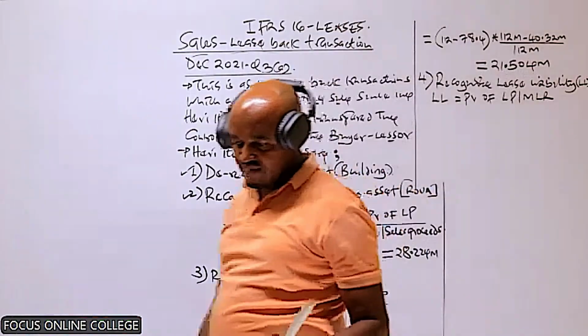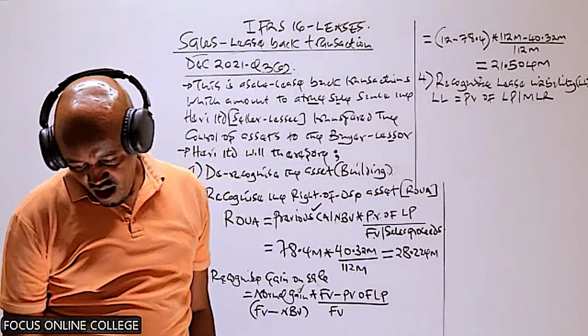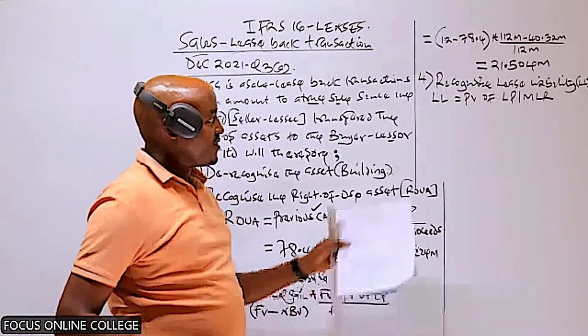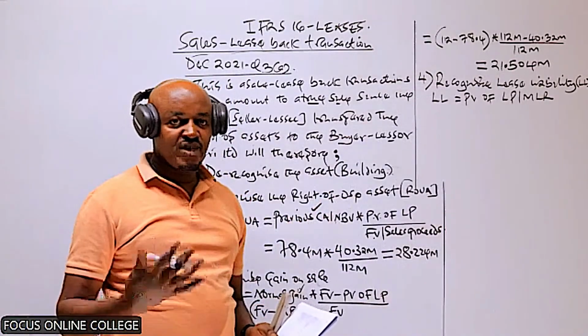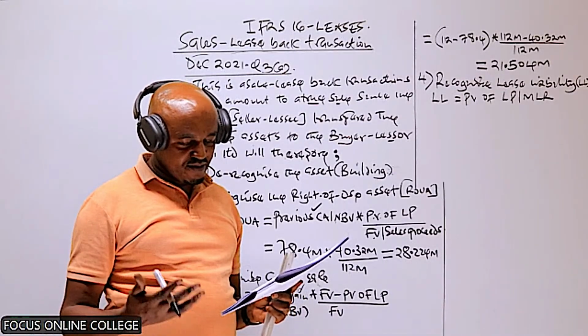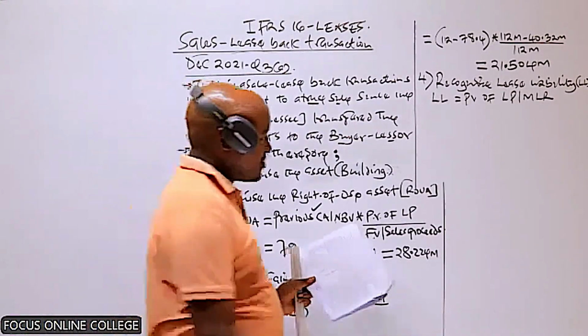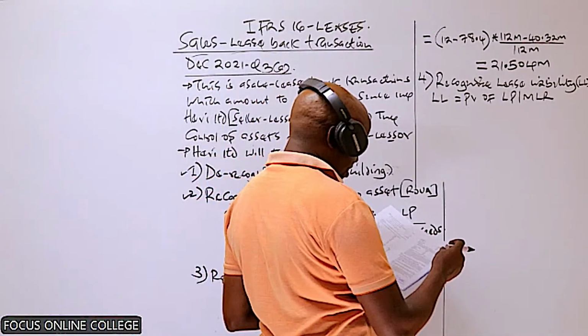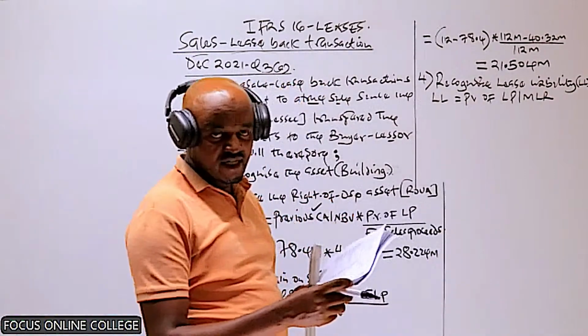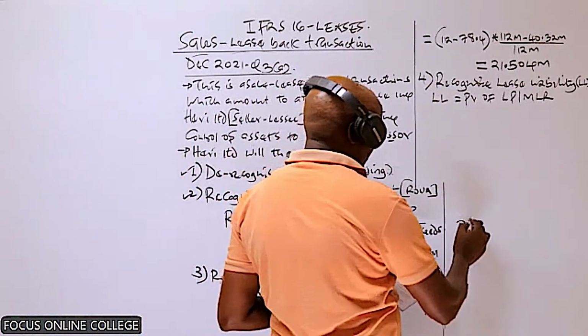Actually, this value has already been computed for us, though even if it was not computed, there is how we compute that. Remember, we take the minimum lease rentals, we discount that using the interest rate implicit in the lease. The interest rate implicit in the lease is given in paragraph 1 in the second sentence from last, which is 7%.